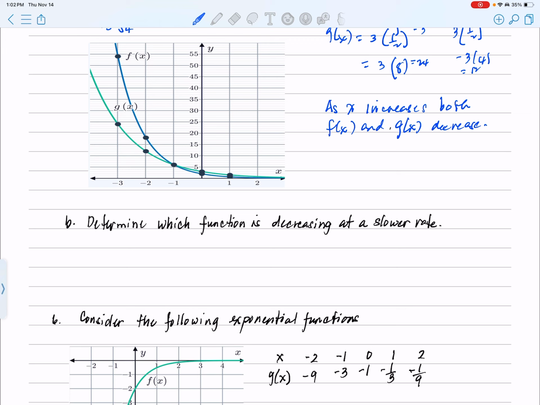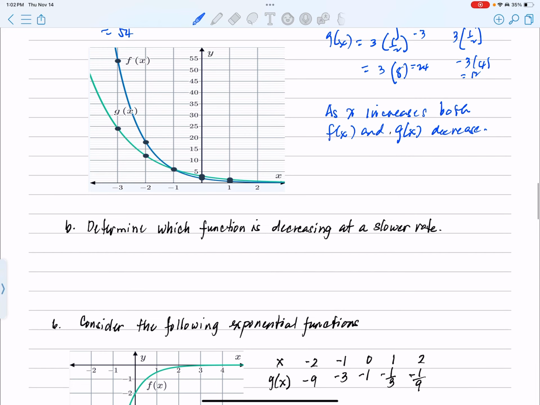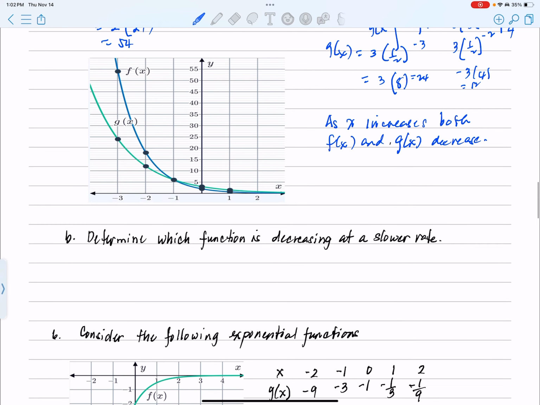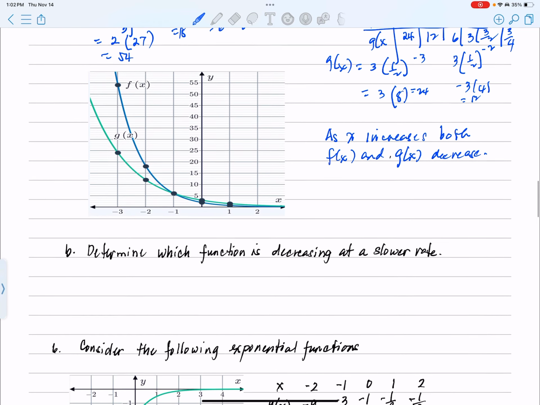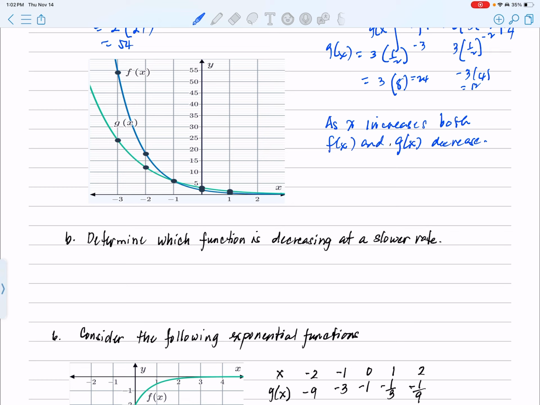We can compare the constant factor to help determine which function has the lower rate. I'm going to write the function again. f of x is 2 times 1/3 to the power of x, while g of x is 3 times 1/2 to the power of x.